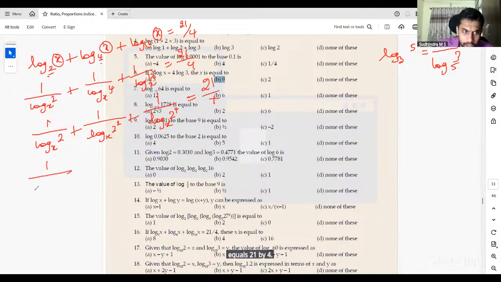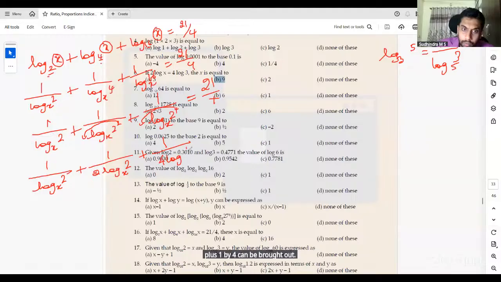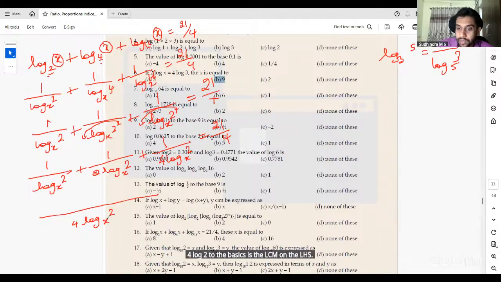This is nothing but 1 by log 2 to the base x plus 1 by 2 log 2 to the base x plus 1 by 4 log 2 to the base x equals 21 by 4. So if you observe here, all the denominators have log 2 to the base x. So can I tell 4 log 2 to the base x is the LCM on the LHS?